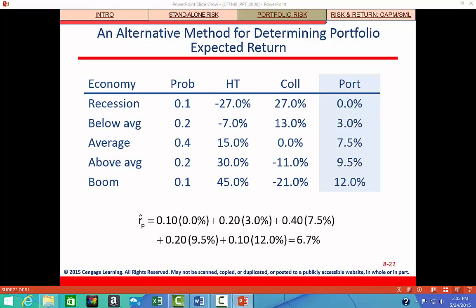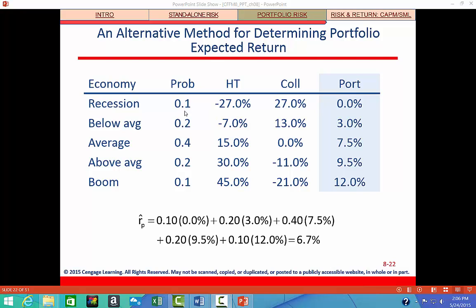Now, this is just one way that you could calculate an overall expected return for a portfolio. This is not the recommended way because this takes so long.